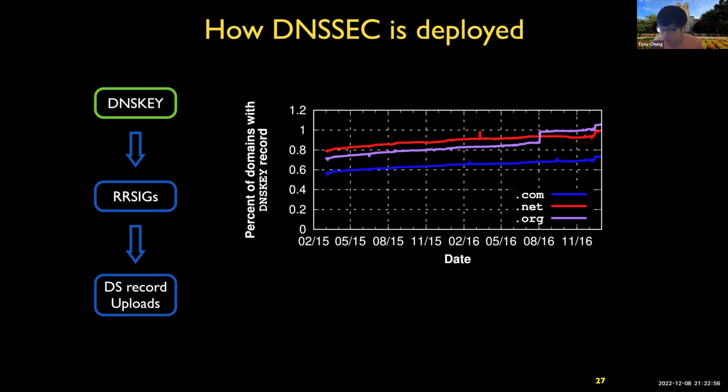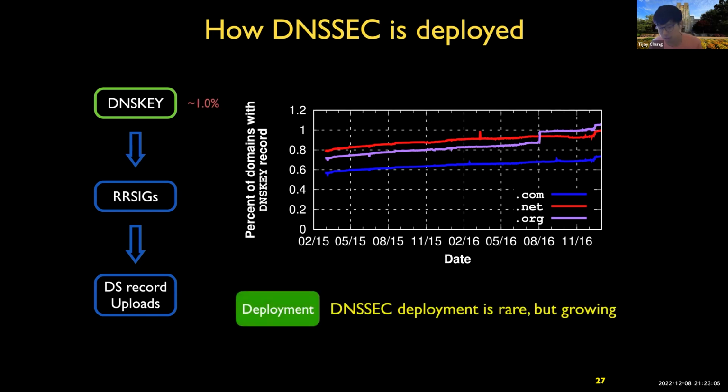At the end of 2016, we found that nearly 1% of domain names have DNS key records, which means DNSSEC deployment is really rare. Of course, the bright side is that it is growing. But how about now? This research was done about 5 or 6 years ago, so it could be different, but still less than 2%.